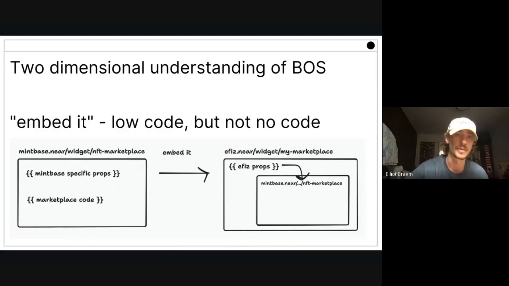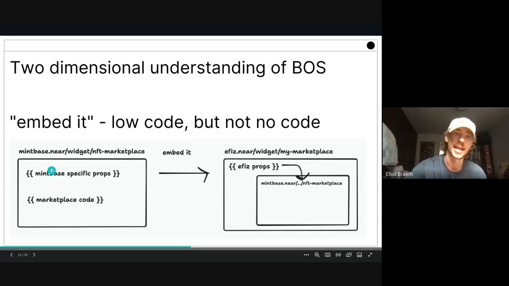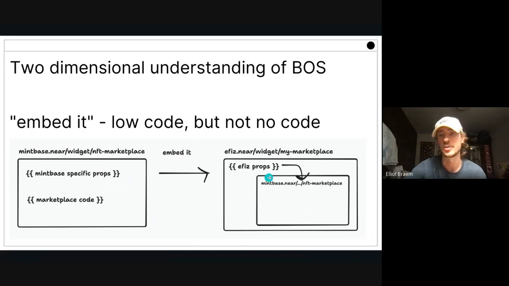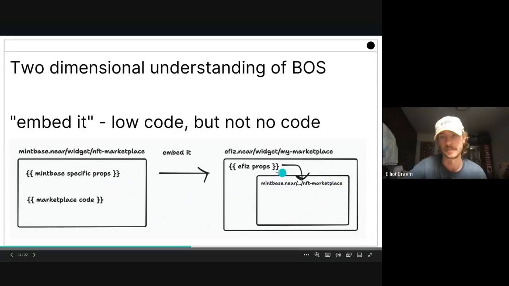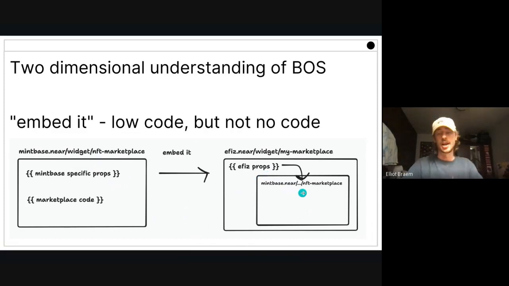So the second solution is to embed it, which is better. You can take that existing widget and put it into your own widget and just feed the props into it. And that's great too. It solves a lot of problems. Mintbase is still part of the picture, and we have our own type of customization.